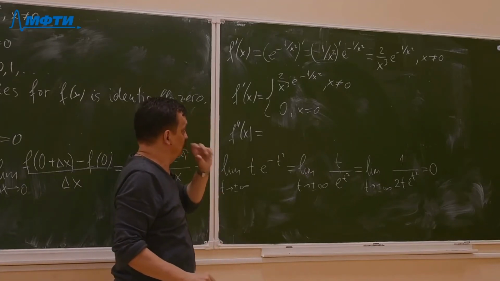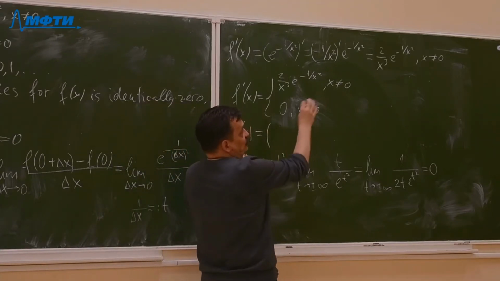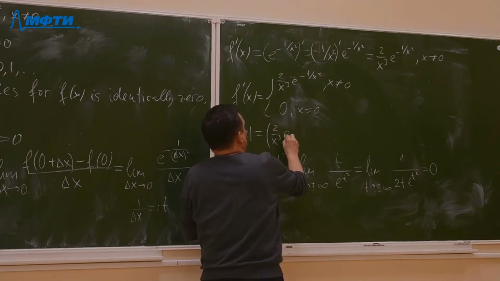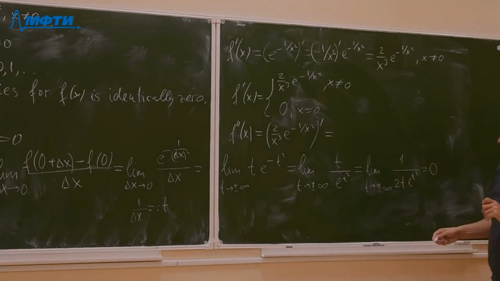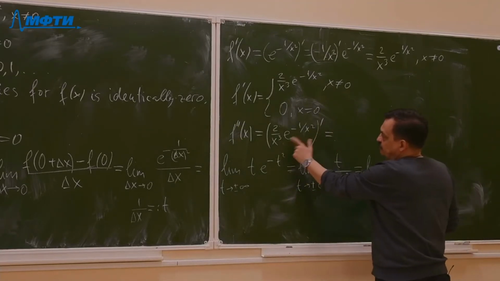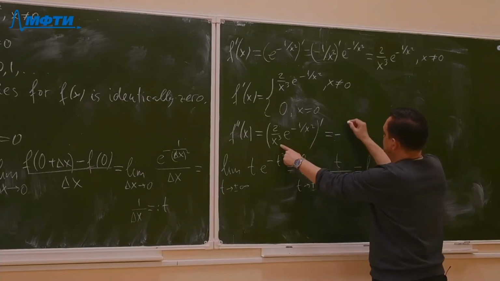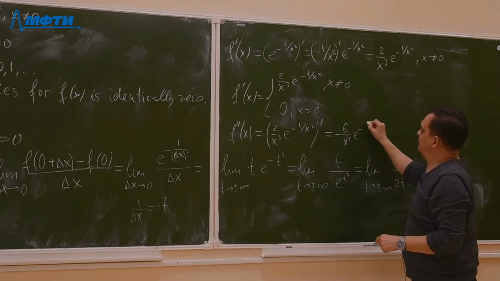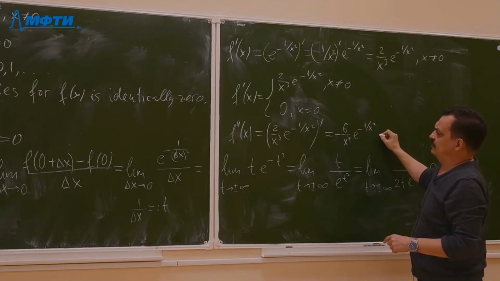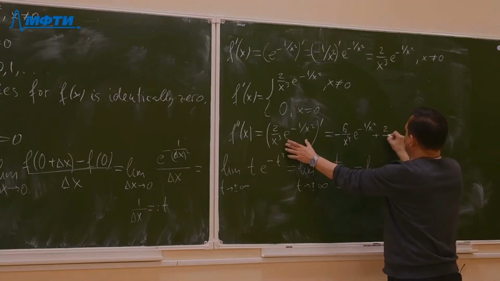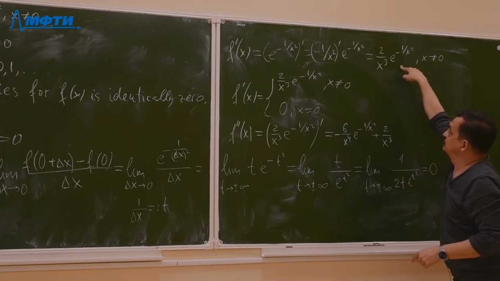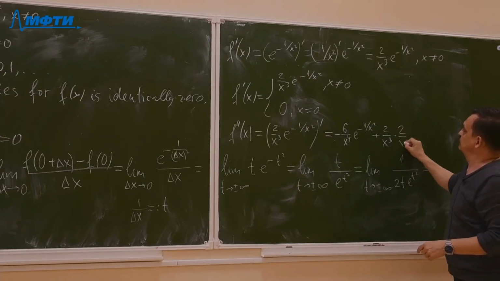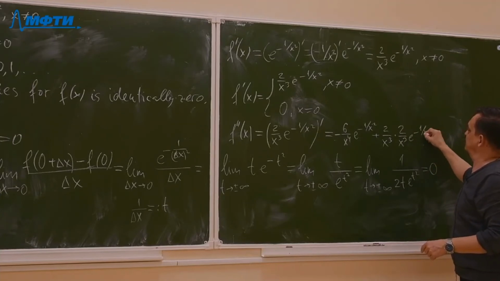Second derivative, right? For non-zero x, 2 over x cubed e to the power minus 1 over x squared. I should differentiate this expression. It gives what? Derivative of a product. So minus 6 over x power 4 e to the power minus 1 over x squared, and then plus 2 over x cubed times the derivative of the exponent. The derivative of the exponent was given by this expression, 2 over x cubed e to the power minus 1 over x squared.